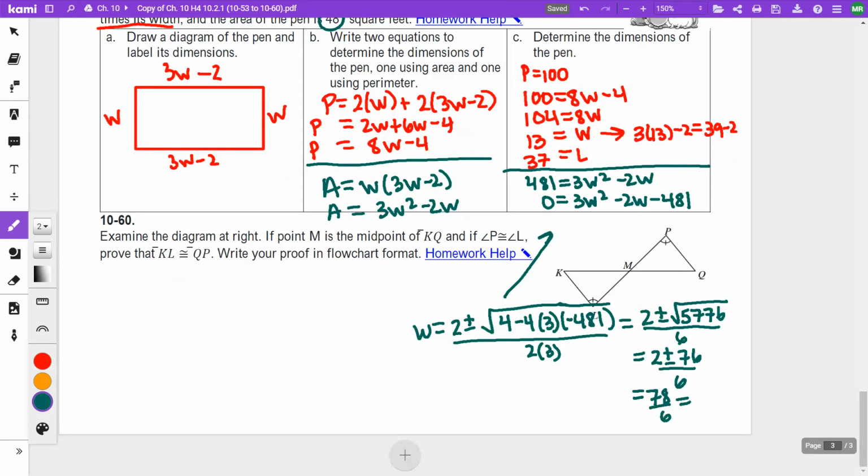And 78 divided by 6 is 13. Now, if I do the minus, I get a negative 74 divided by 6, and that doesn't make sense. Doesn't make sense to have a negative side. So my width is going to be 13. And again, if my width is 13, which I had up there, my length is going to be 3 times 13 minus 2. So that is going to be 39 minus 2, 37.